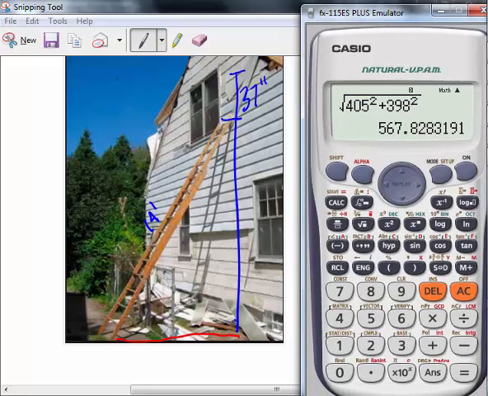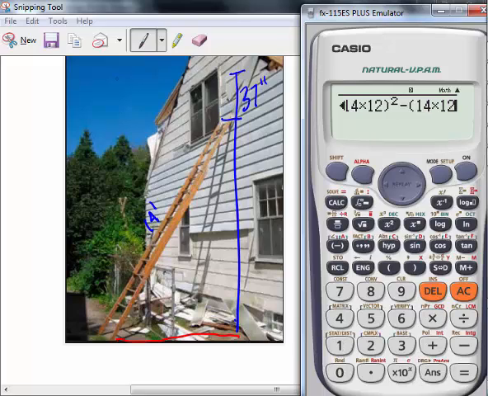So we know the hypotenuse, and if you know the hypotenuse, you subtract. So it's 14 times 12 squared, because we want to switch it into inches. Subtract 14 times 12.